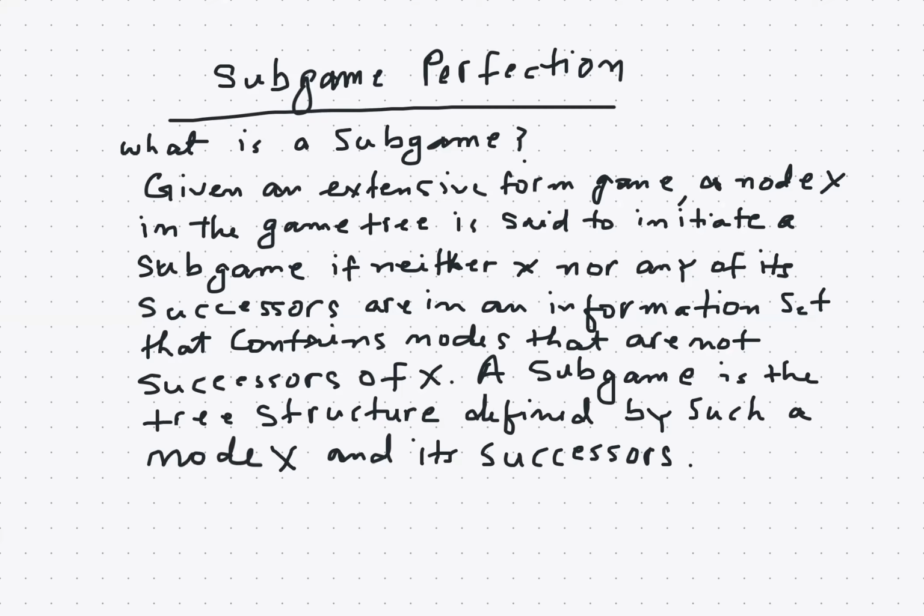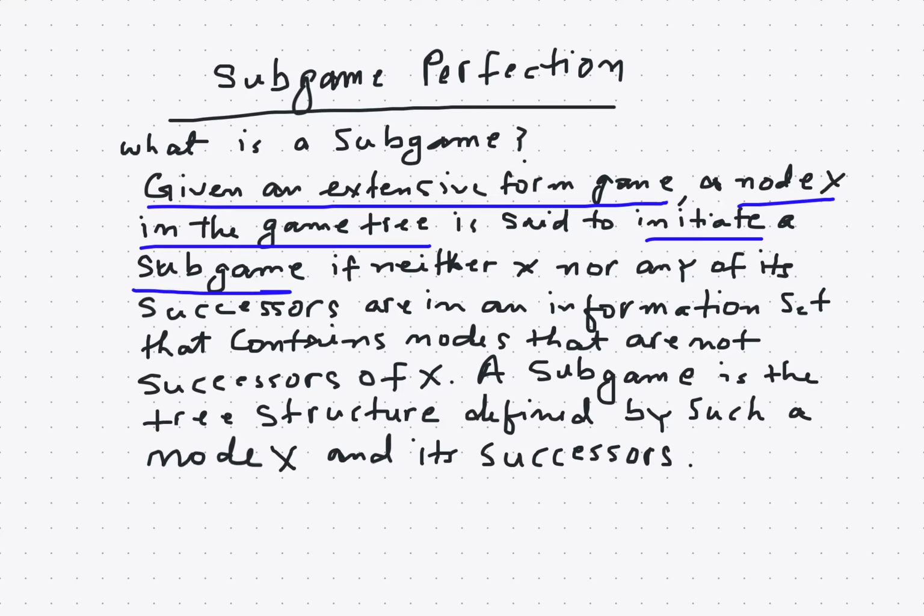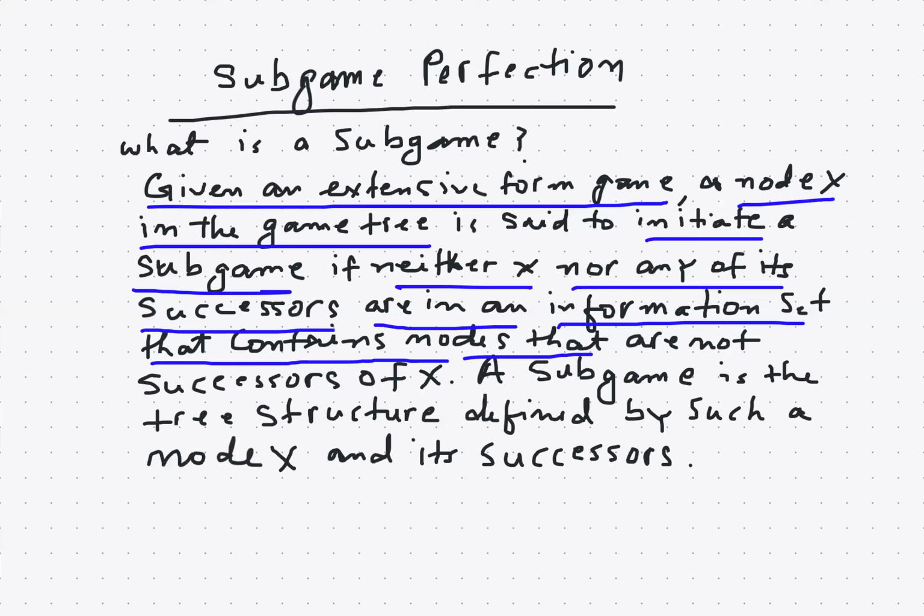So given an extensive form game, a node X in the game tree is said to initiate a subgame if neither X nor any of its successors are in an information set that contains nodes that are not successors of X. A subgame is the tree structure defined by such a node X and its successors.